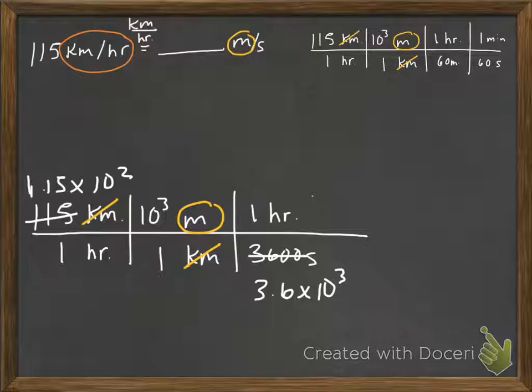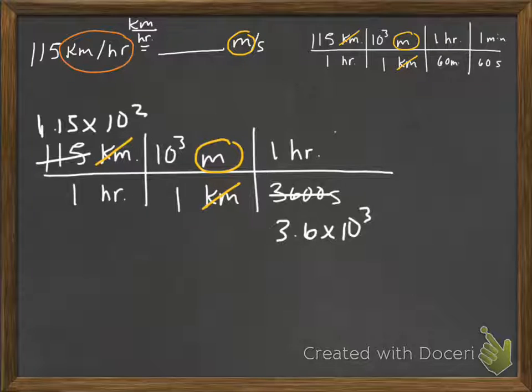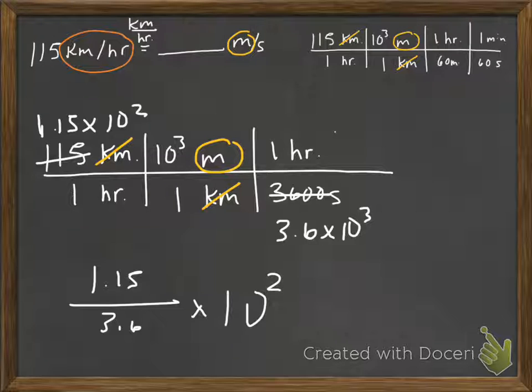I mostly did that so you know it's okay if you need to, but I'm going to encourage you to get accustomed to doing it this way. So now our setup is just 1.15 divided by 3.6, the whole thing times 10 to the 2 plus 3 minus 3.